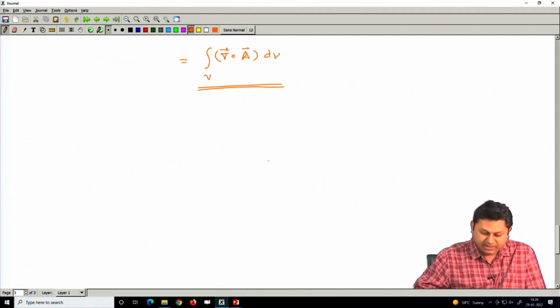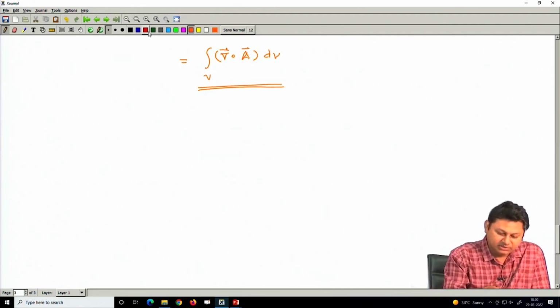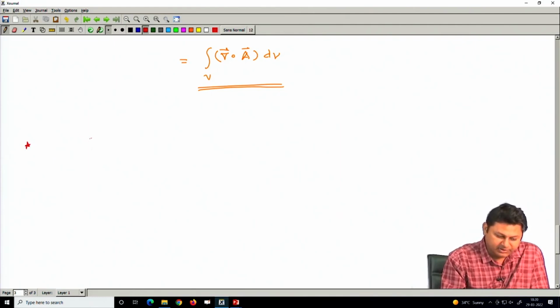Well, before ending today's class, I would like to quickly mention, this is the last point today, another important differential operator, and that is called the Laplacian.